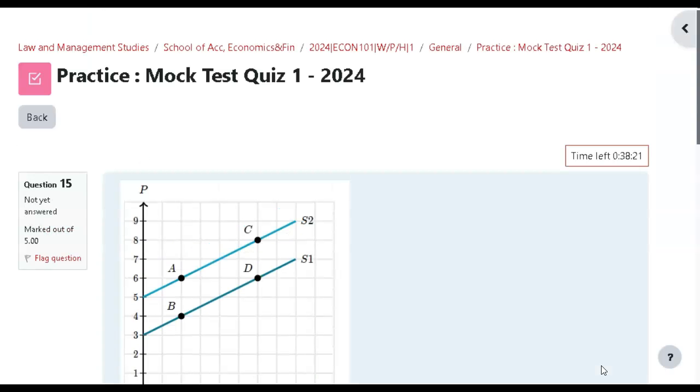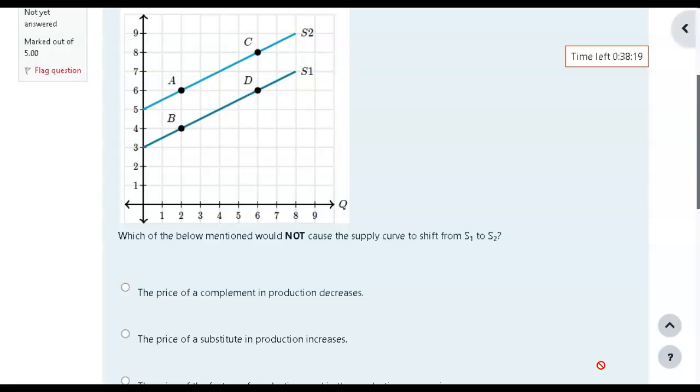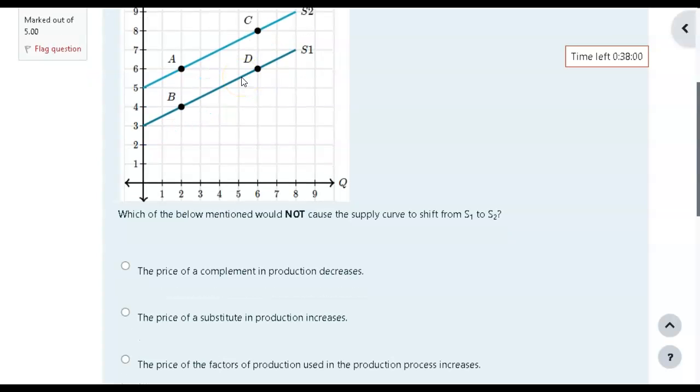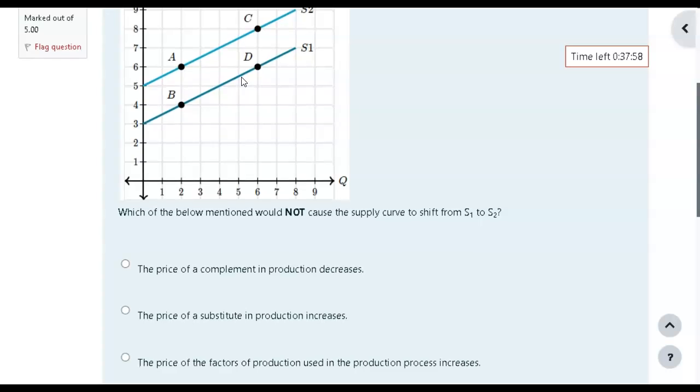Now looking at question number 15. Which of the following mentioned below would not cause a supply curve to shift? Now this shift over here is from S1 to S2, so it's a negative shift, a decrease. So what causes the curve to decrease?